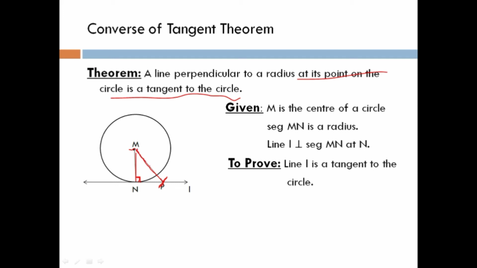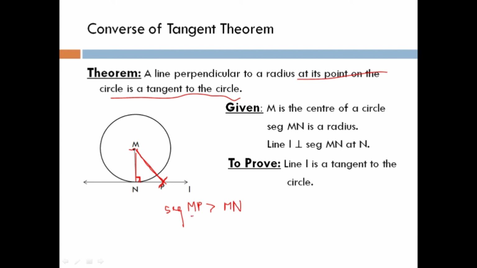So this will be our hypotenuse, and as you know, the hypotenuse of a triangle is greater than the other two sides, so we can say that segment MP is greater than segment MN, right? Because it is a hypotenuse.